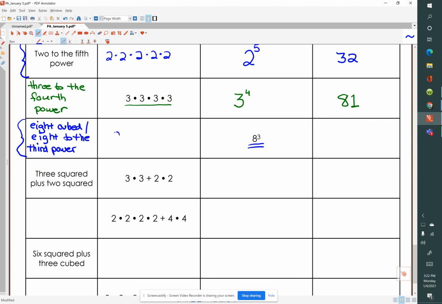And that would be 8 times 8 times 8 in expanded form. 8 times 8 is 64. 64 times 8 is 512.